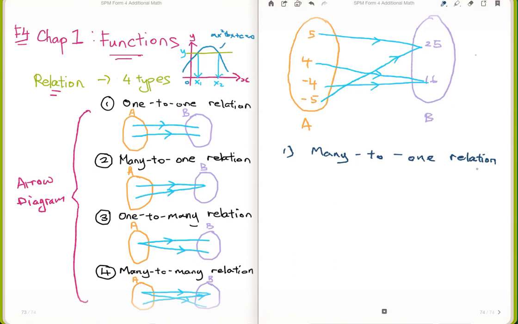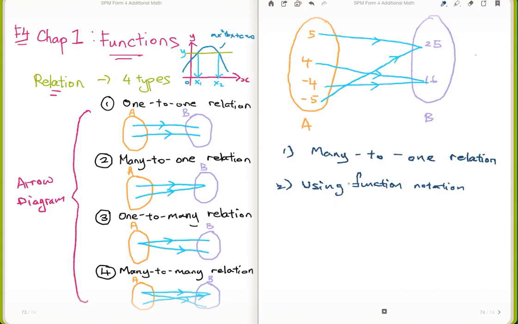Now, if you were asked to find this by using function notation, how can you write that?